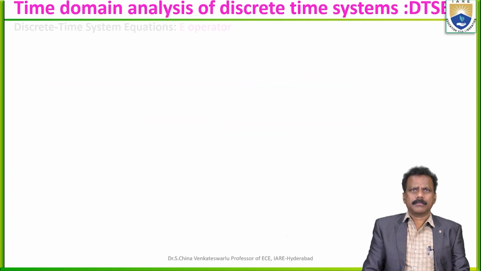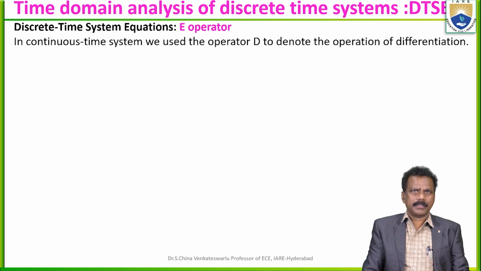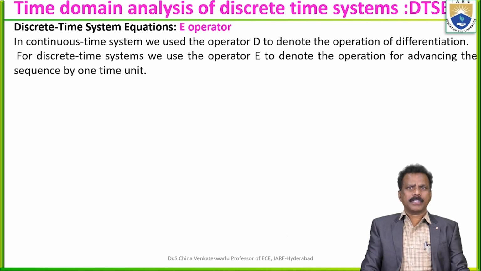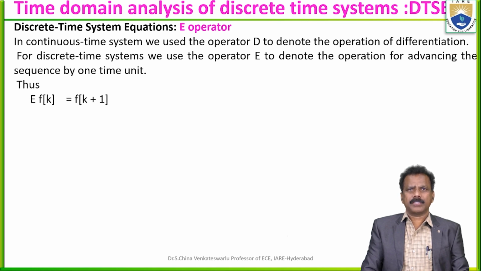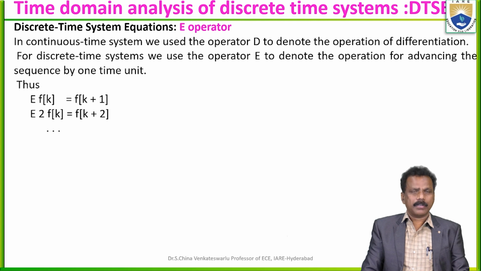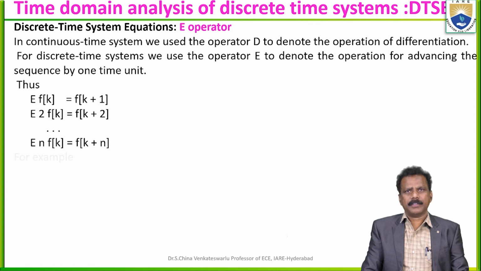Next, with reference to the continuous time system, we use the operator D to denote the operation of differentiation. For a discrete time system, we use the operator E to denote the operation of advancing the sequence by one time unit. Thus E into f of k is equal to f of k plus 1, E square into f of k is equal to f of k plus 2, and so on, so E power n into f of k is equal to f of k plus n.